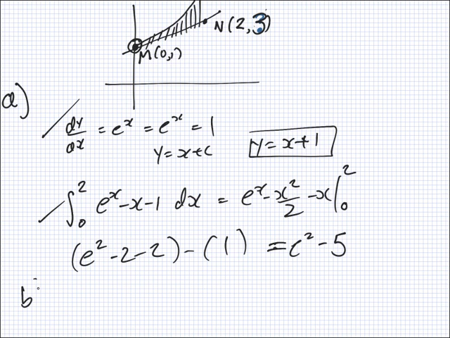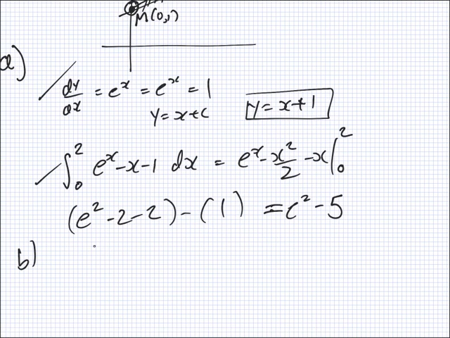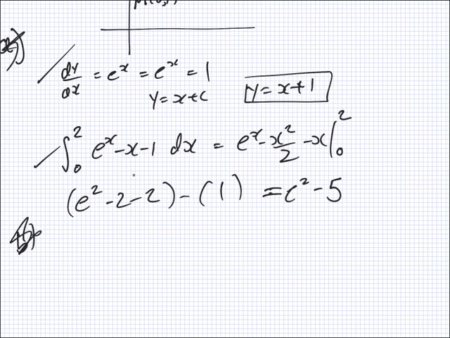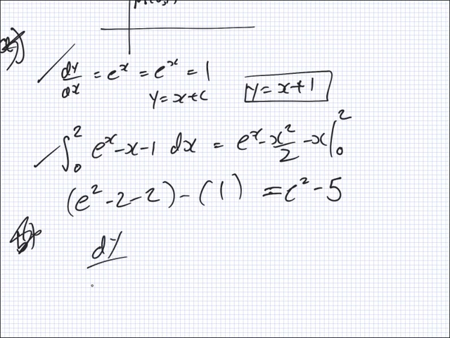Point B lies on the curve, and the question is when is the gradient 3. So they want to know when is the derivative 3. The answer is when x is log 3.